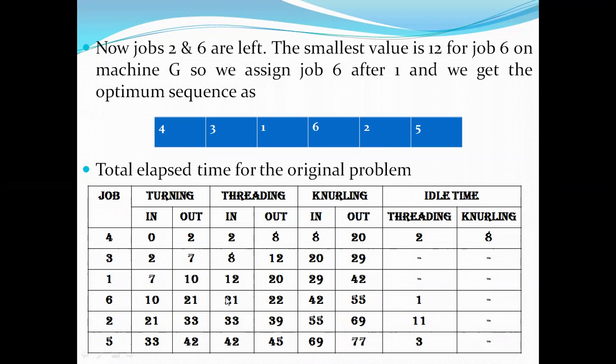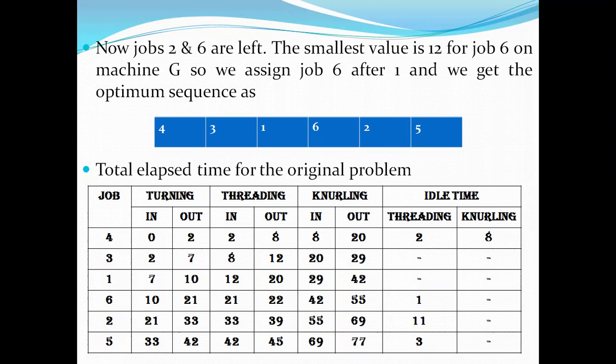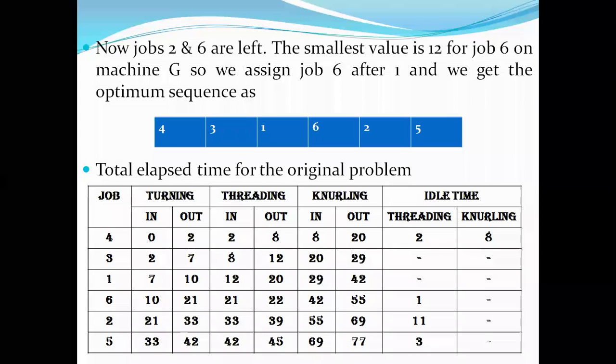And here when you consider this 20 and 21, 1 is the difference. In such a way we will be calculating the ideal time between one process and the other process.